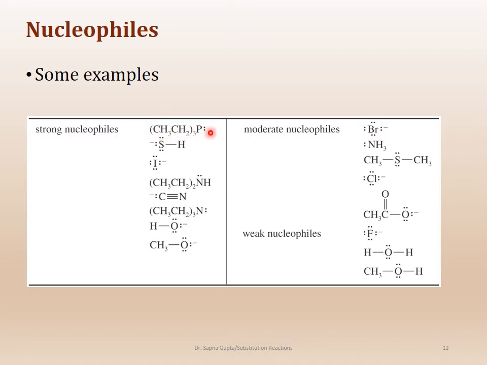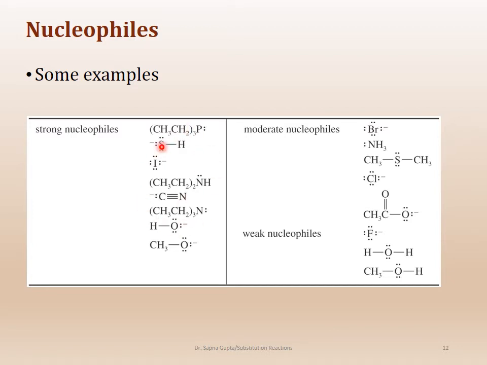Remember, this phosphide here would be better than the amine because this is larger than amine. The sulfide here, the SH minus, is better than hydroxide, again because the sulfur is bigger in size than hydroxide. So this is better.